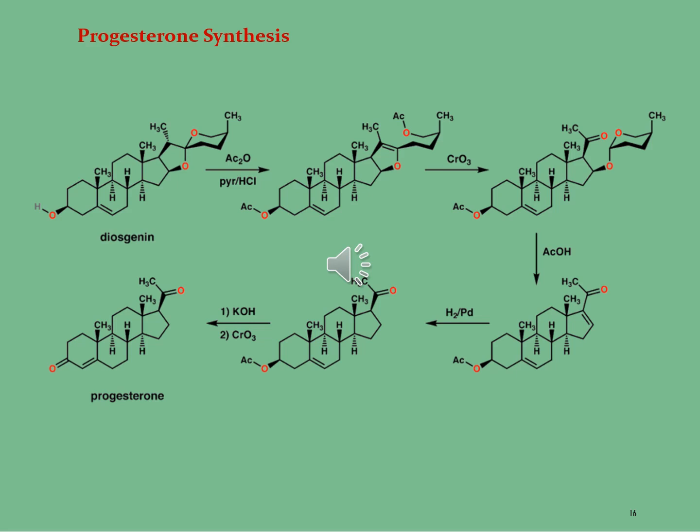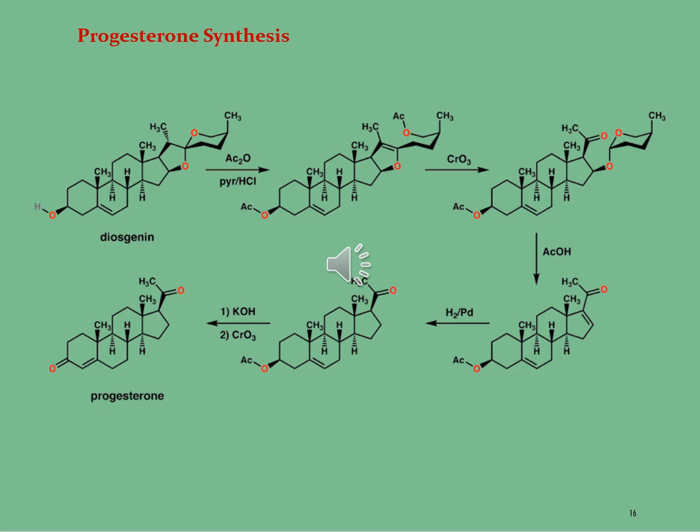The second intermediate is further treated with chromium trioxide, which is used for the cleavage of the tetrahydrofuran moiety present at carbon 17, on the 5-member ring of the basic steroid structure, and in this way the rupture of the 6-member ring of the tetrahydrofuran moiety is carried out.